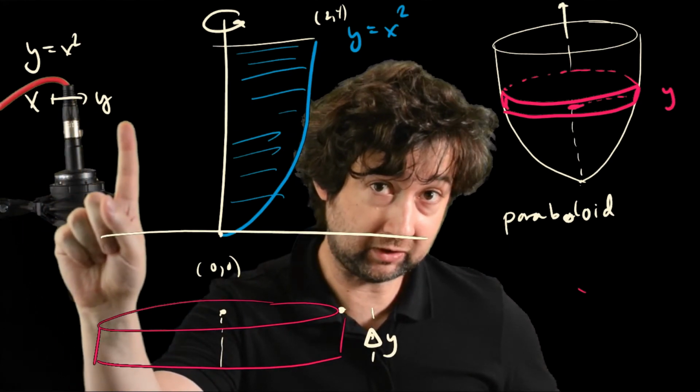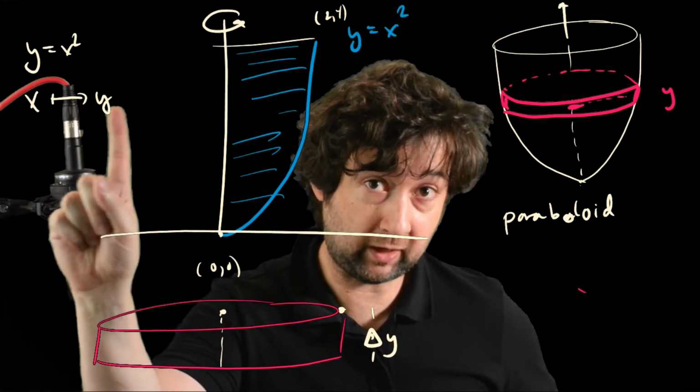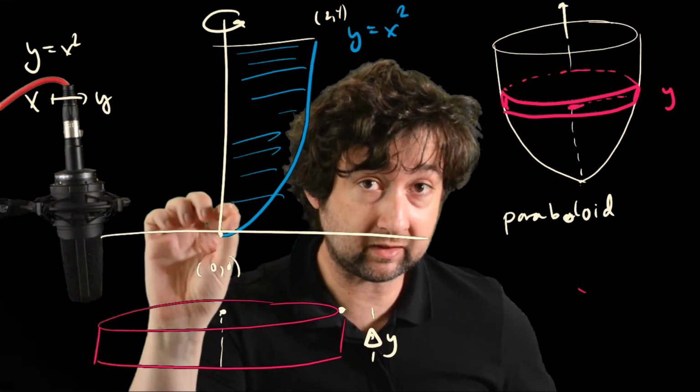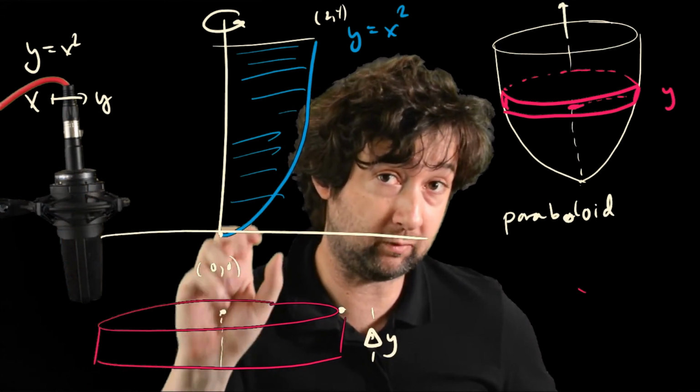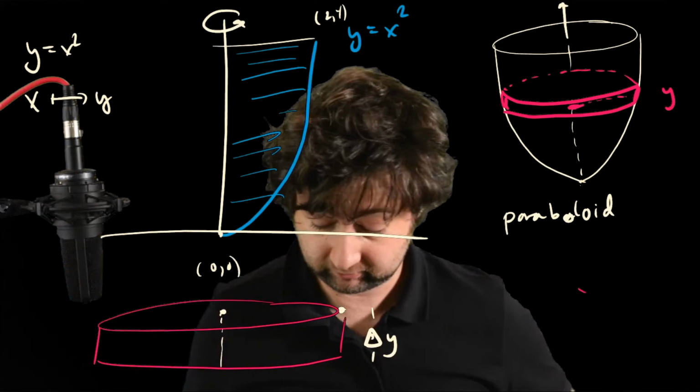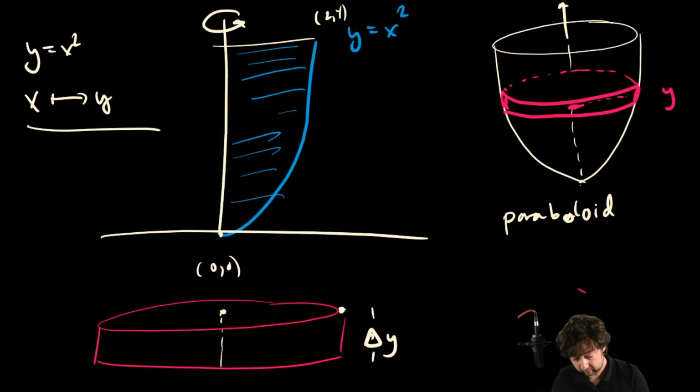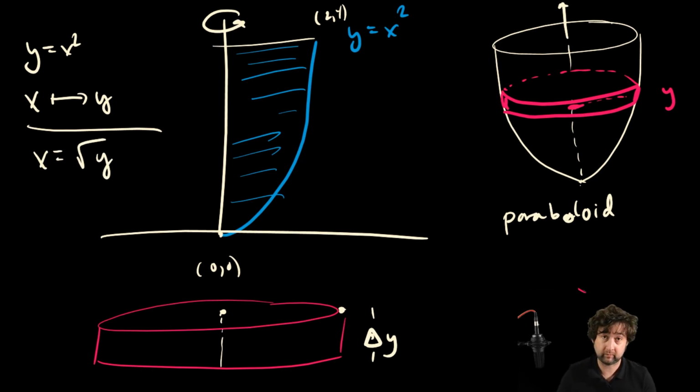I have to change it, not as a function of y as a function of x, but x as a function of y. You give me a y, I tell you the x. So I'm going to invert this by solving for x and get x is equal to the square root of y. This is a function that if you tell me the y, I can give you the x.